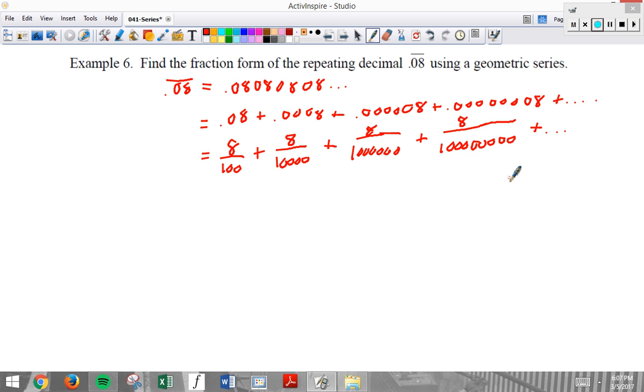Now you might see this as, okay, geometric series. It's definitely multiplying by something each time. We can at least identify A equals 8 hundredths. That's the first term. Now, how many times do I multiply this to get this? How many more zeros does it have? 2 more, 2 more, 2 more. How do I get 2 more zeros in the denominator?